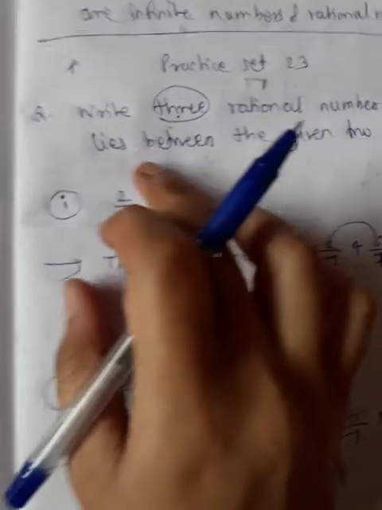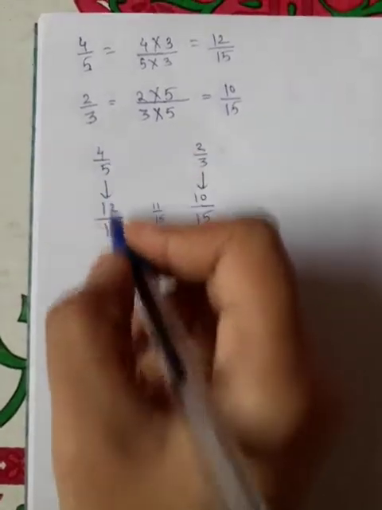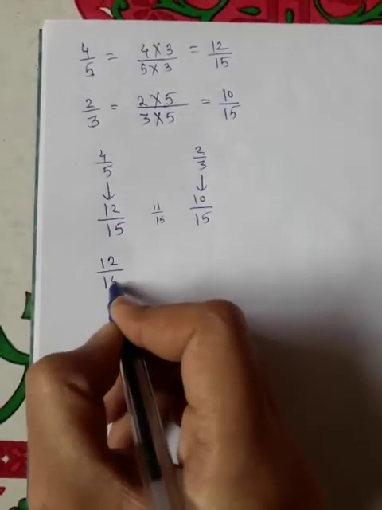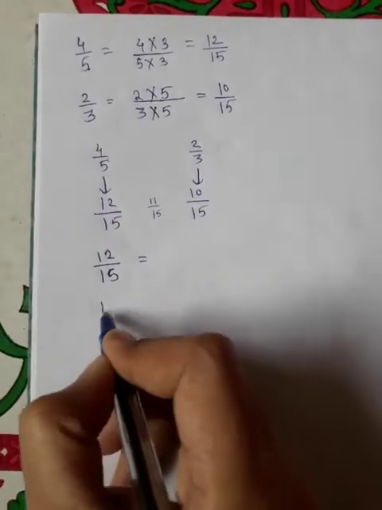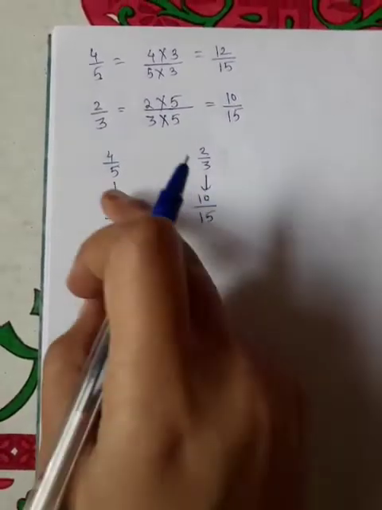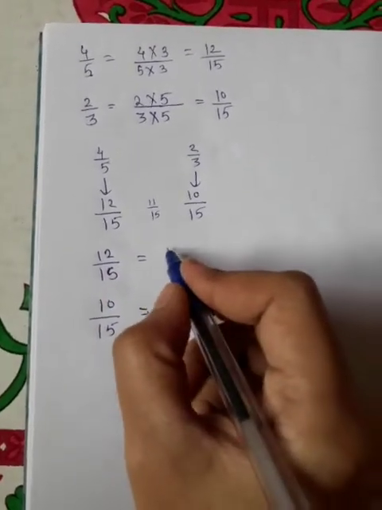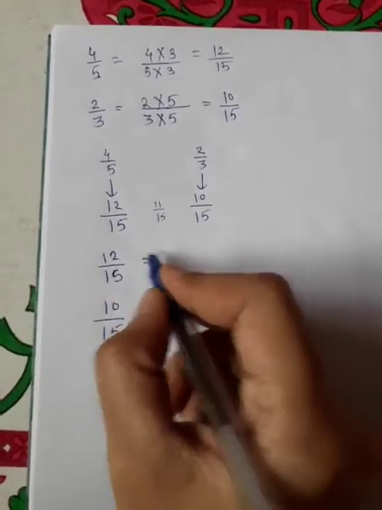Here we have been asked to find three rational numbers. So to find more rational numbers, what we will do is increase the denominators. Increase the denominators of the obtained fractions, 12 upon 15 and 10 upon 15. To increase the denominators, you can multiply by any number.